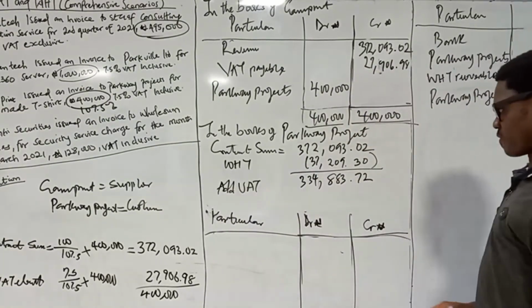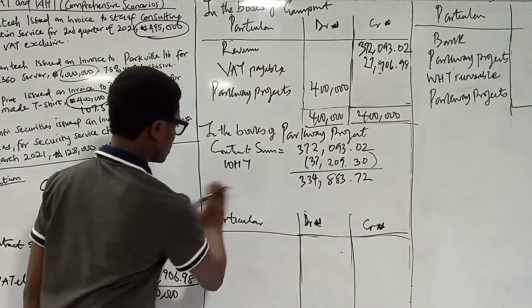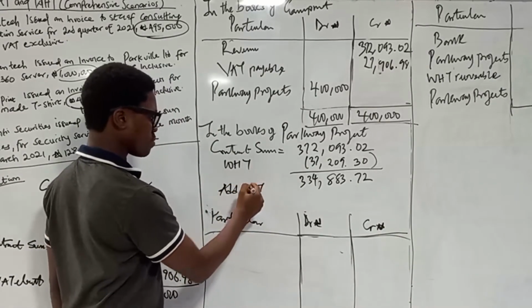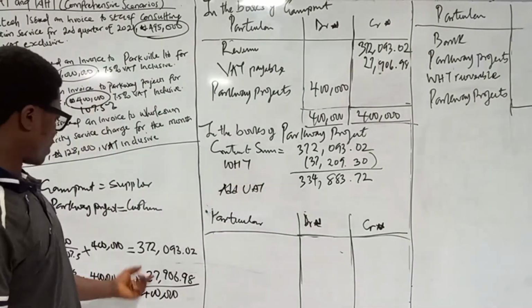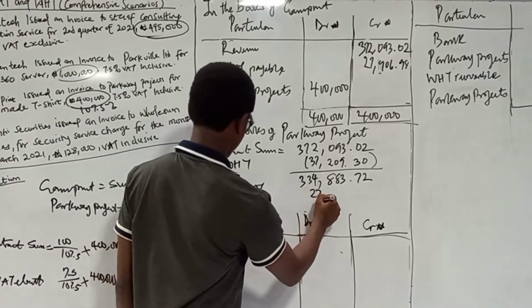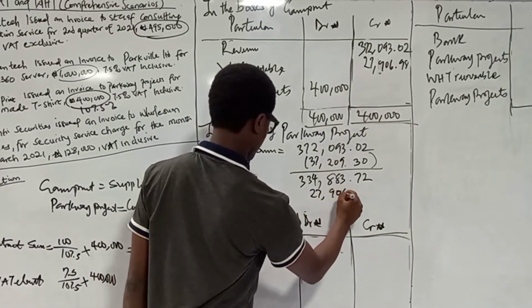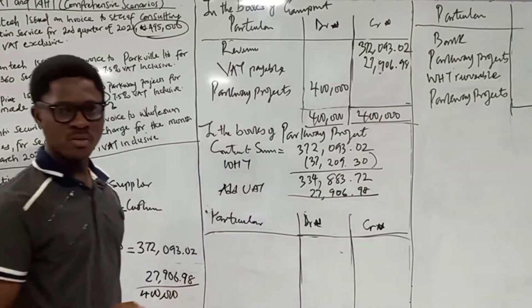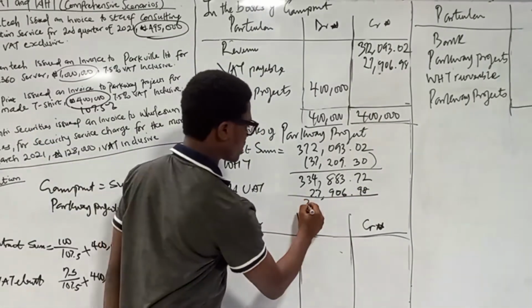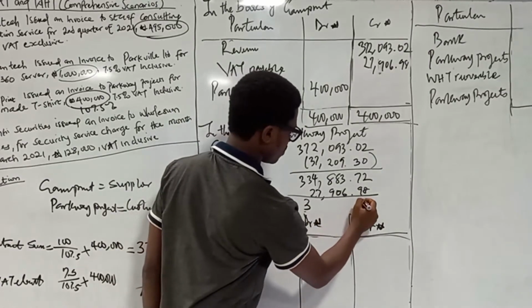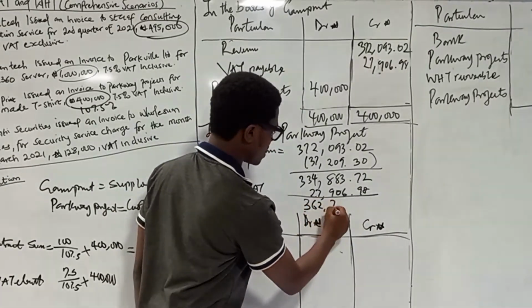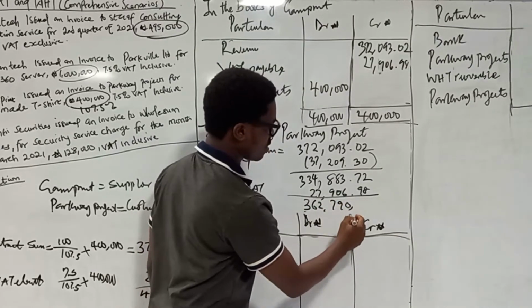What do we need to do after that? We need to add the VAT, because VAT was not the one regulated. And we know that the VAT is 27,906 naira 98 kobo. The addition gives us 362,790 naira 70 kobo.